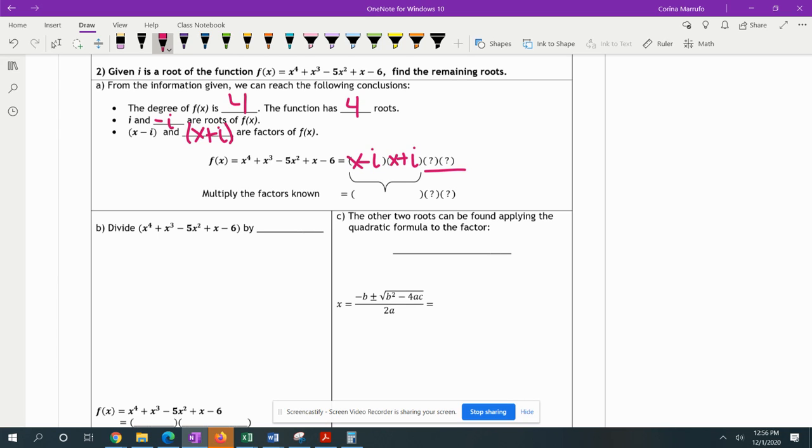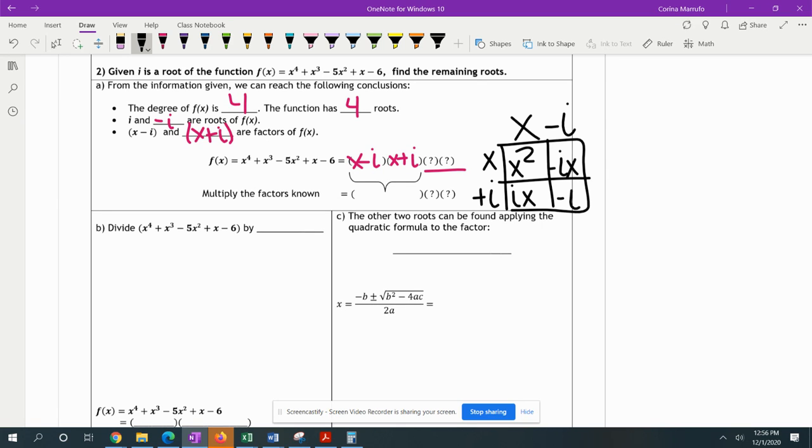So we go ahead and multiply these two. Remember, we have 3 steps. We multiply. So I'm going to go ahead and multiply. We have x minus i, x plus i. That gives us x squared, ix, negative ix, and negative i squared. We write it out.